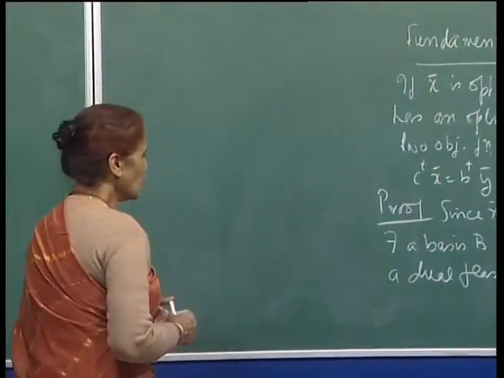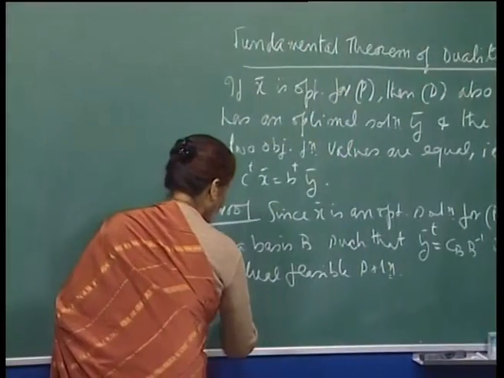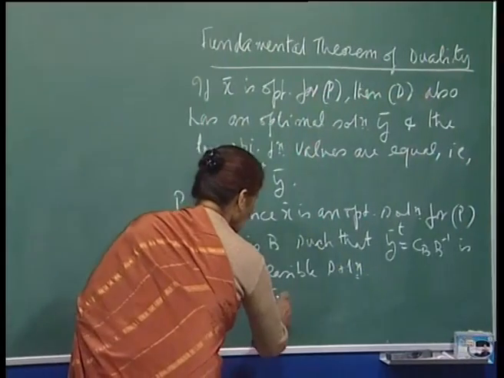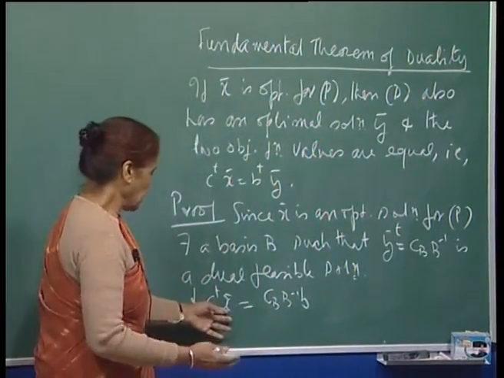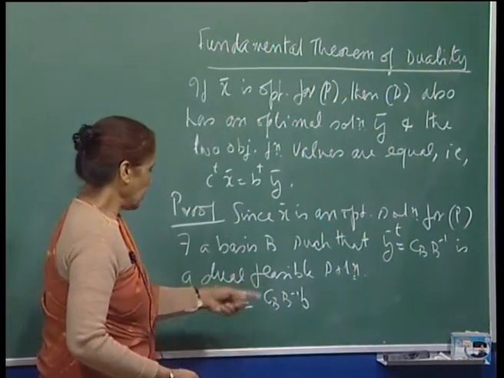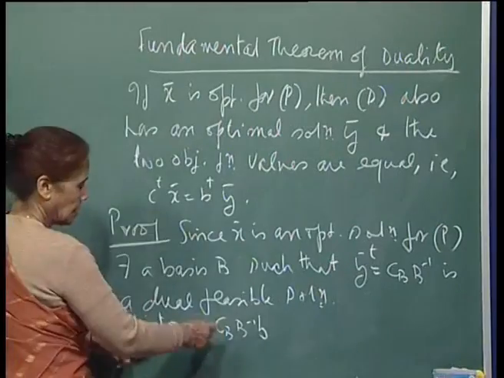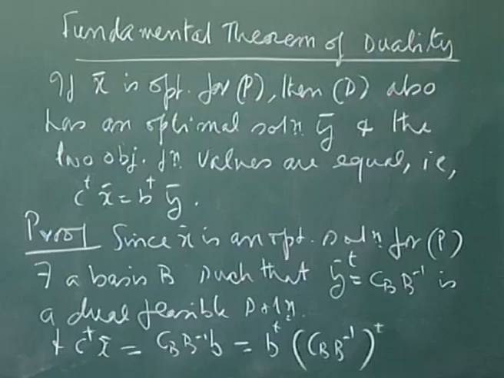So, this is a dual feasible solution by definition, and C transpose x bar, which is nothing but CB B inverse b, because for your basic feasible solution, CB is the coefficient part, and this is equal to B inverse b, so you can write b transpose CB B inverse.